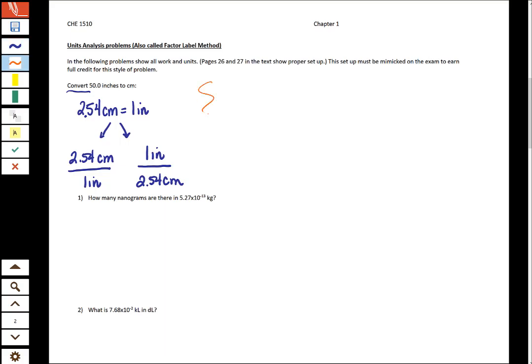So then, separating that idea from our work over here, let's take our 50 inches and start converting it. Now, a lot of times what ends up happening is that students who are quite good with math in their head really get frustrated in this section because they know what to do, and either they don't know how to turn it into dimensional analysis on the paper, or they just don't want to.